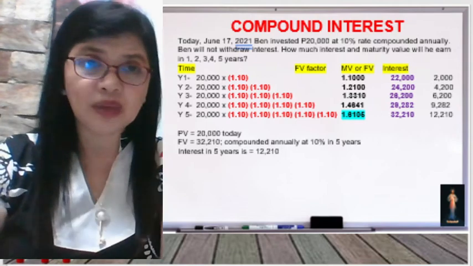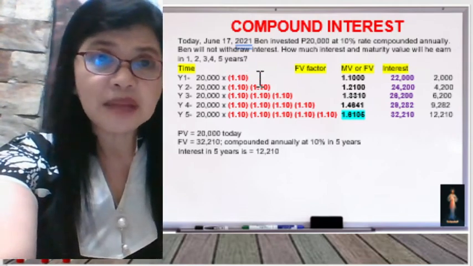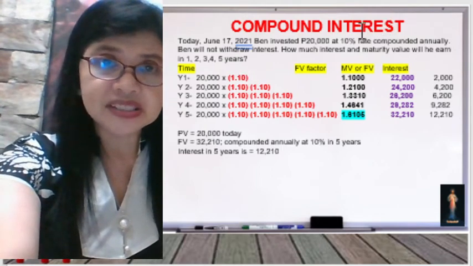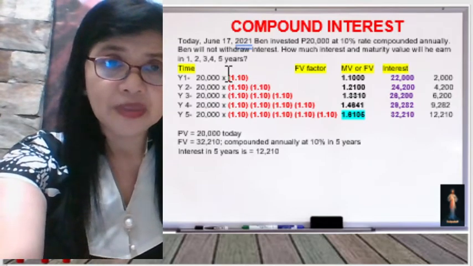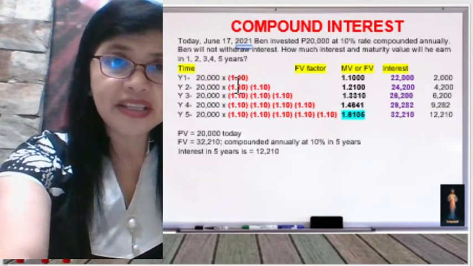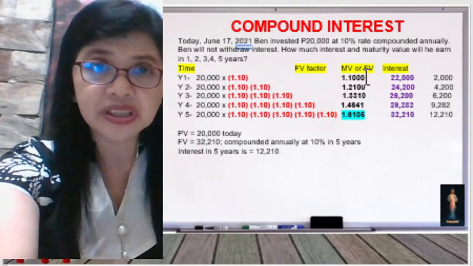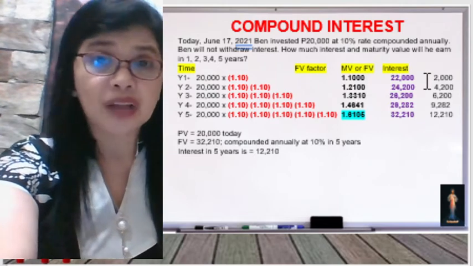Okay, he invested 20,000 in year 1. If you will notice here, 1 times 1.10. Why 1.10? 1 plus the 0.10 rate of interest, and once only because it is year 1. Year 2, multiply it by 1.10 times 1.10. So you have a maturity value of 24,200.